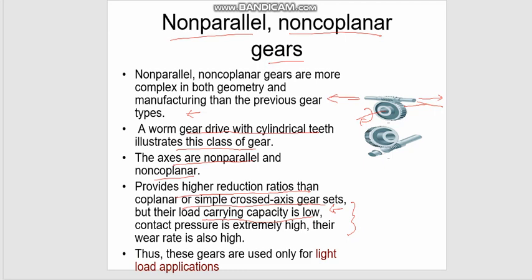Such a gear system is commonly used in many of our equipment in the lab. So, for example, if you use a manual CNC lathe machine, and you want to move the plate left and right.